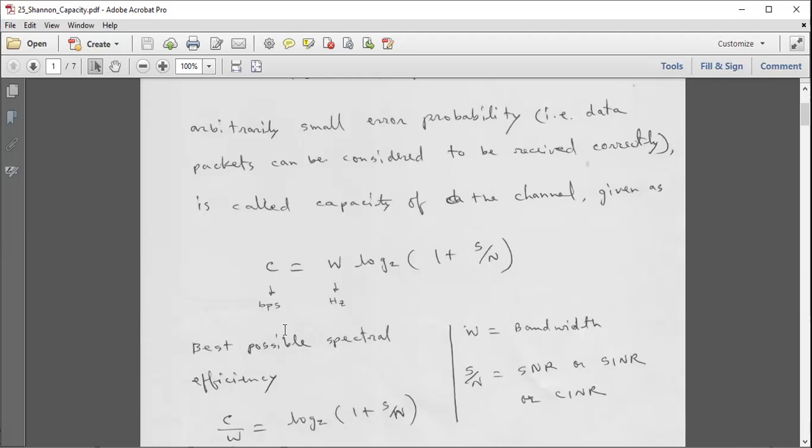You have to combine both of them, and then compare with Shannon's capacity.